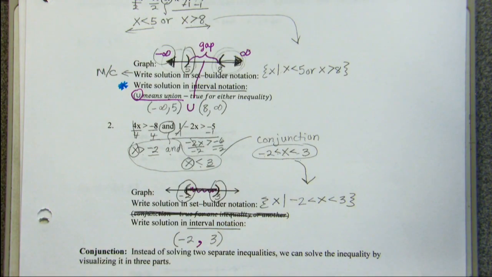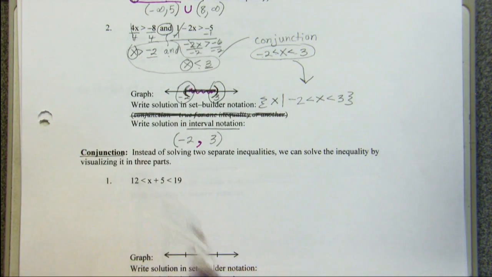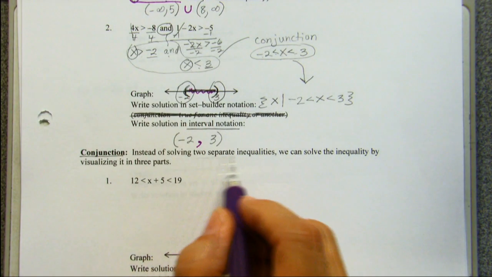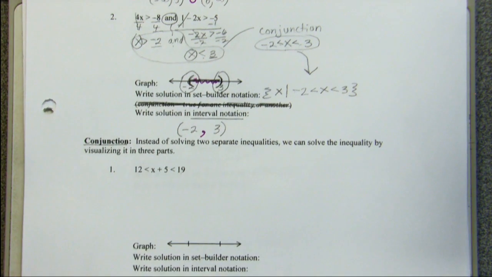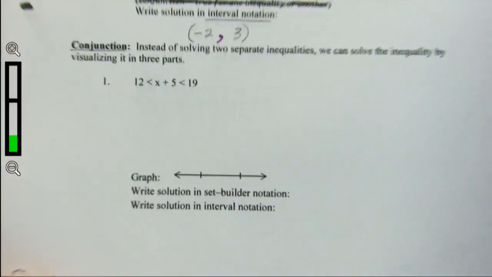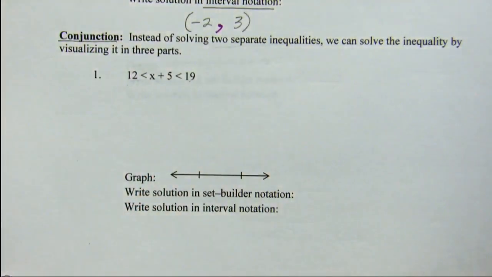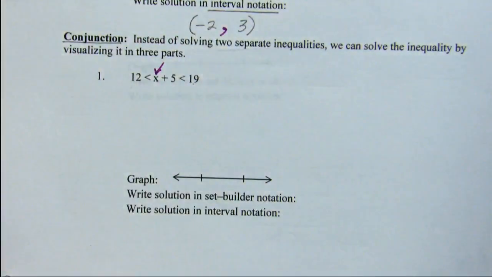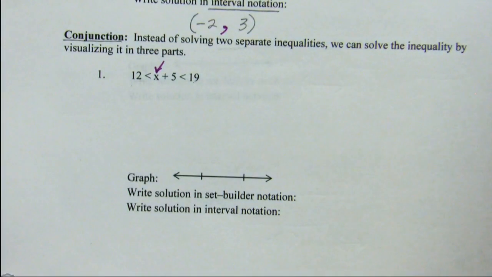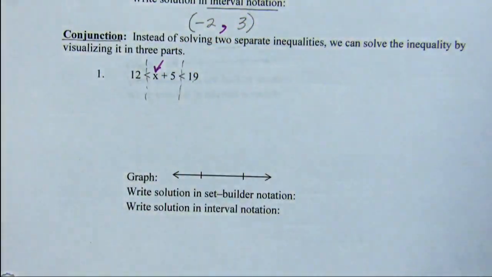All right, sometimes you will be given a conjunction, but it's not separated, it's already in conjunction form. With it already in conjunction form, you still need to isolate the letter x, but the inequalities split that up into 3 parts.